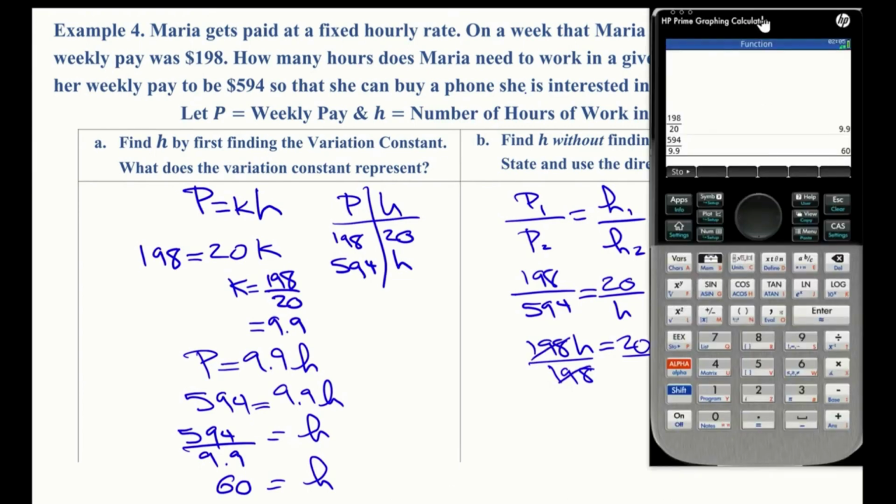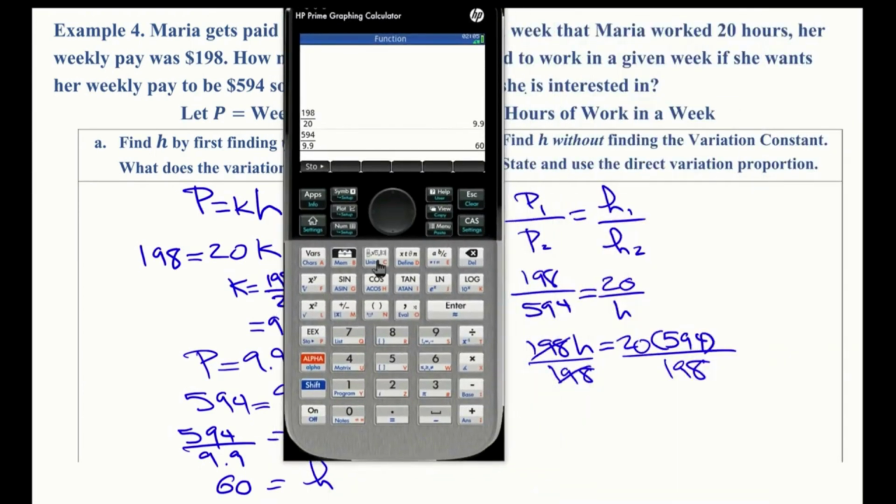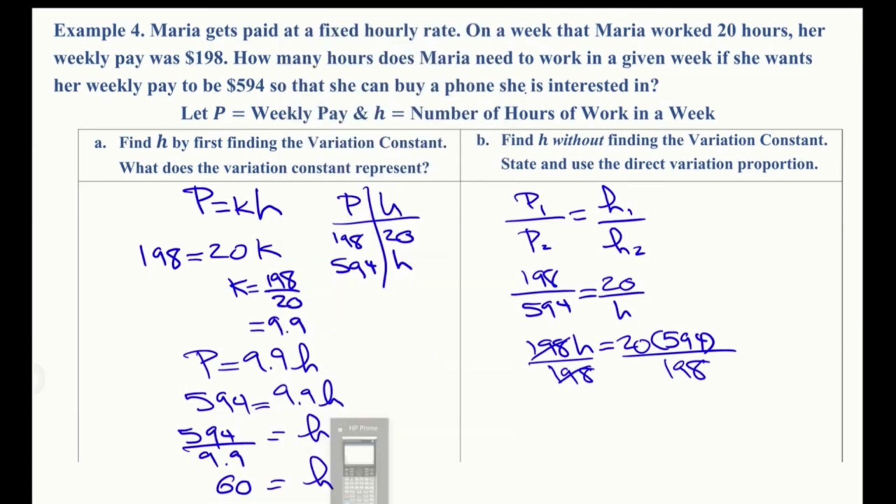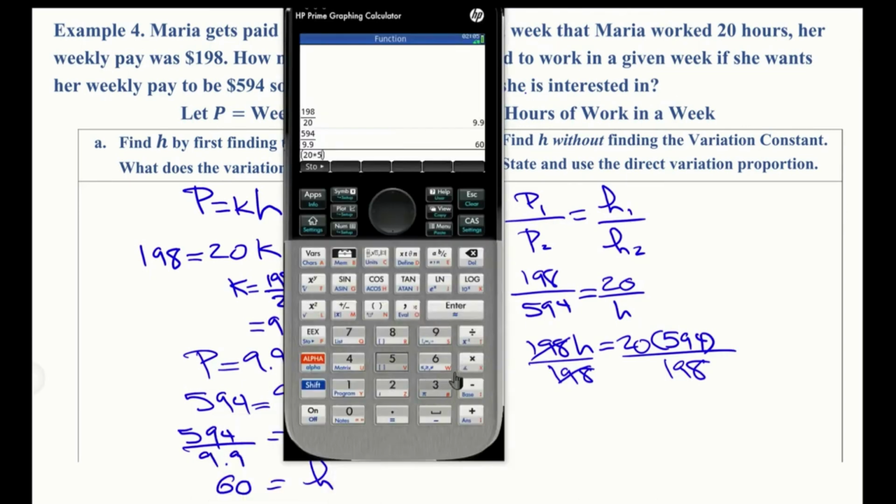So we end up with 20 times 594. Let's bring it back. 594. That's 7. And we're going to divide that by 198.